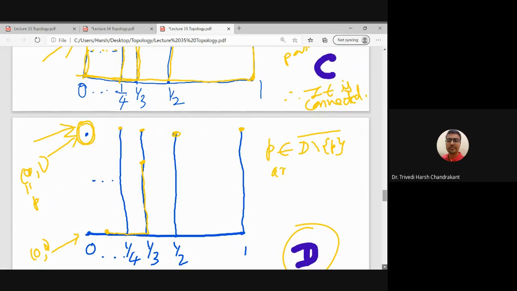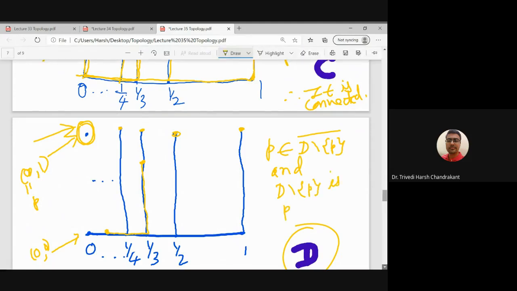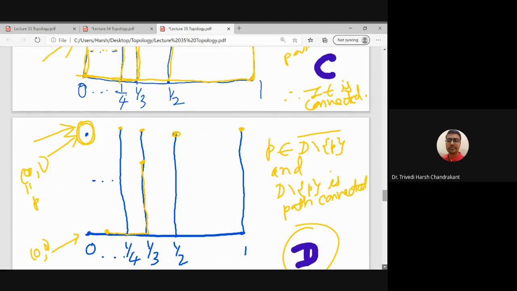and D minus P is path connected. So therefore it is connected, and if I add the point P in the connected set, it is again a connected space. So therefore D is a connected space.